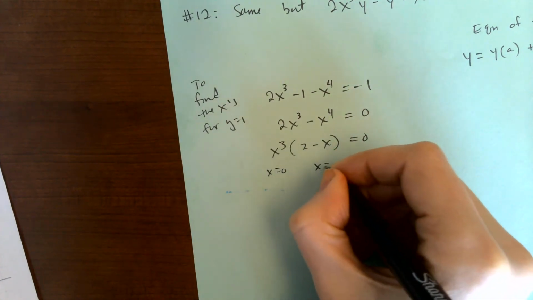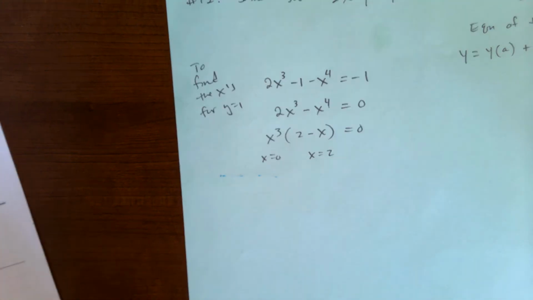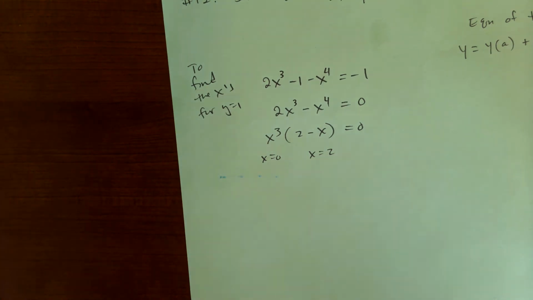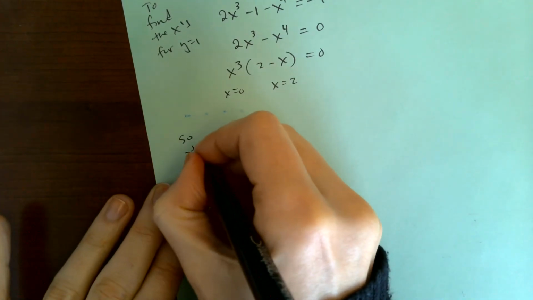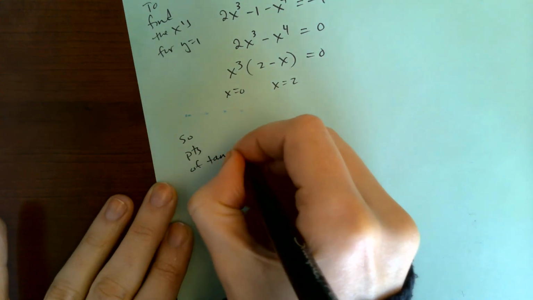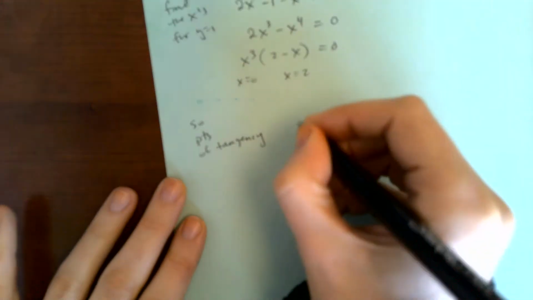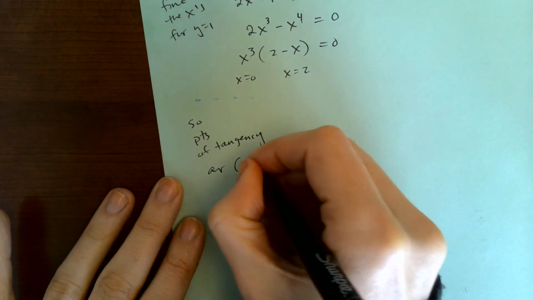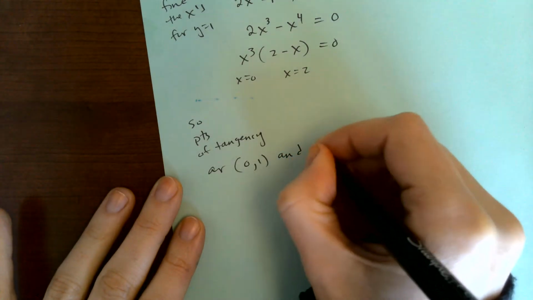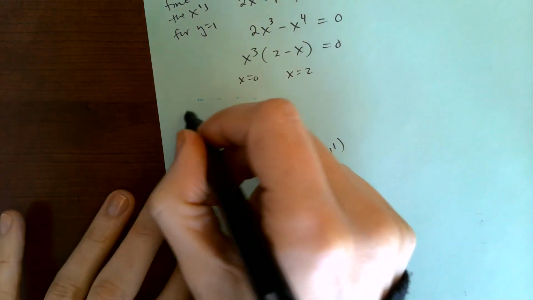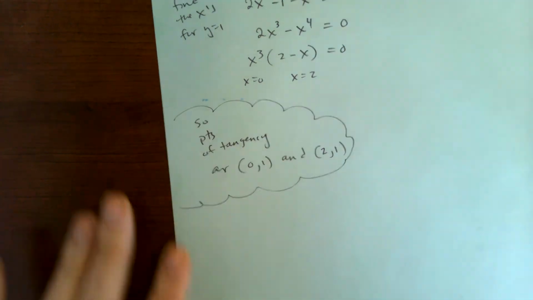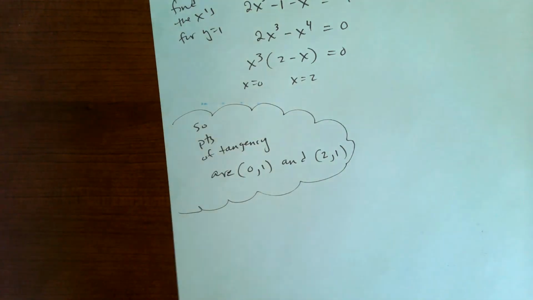So we get x is 0 and x is 2, which totally goes along with that. So our points of tangency are 0, 1, and 2, 1. All right, which we just verified with algebra what we saw on the graph.